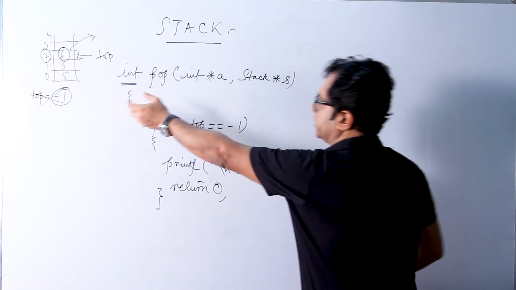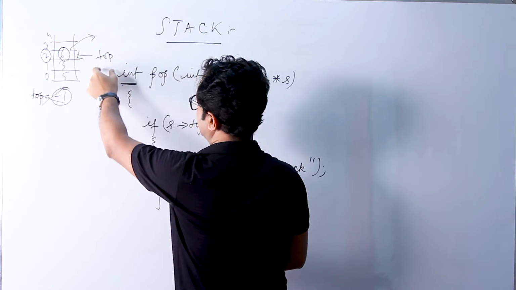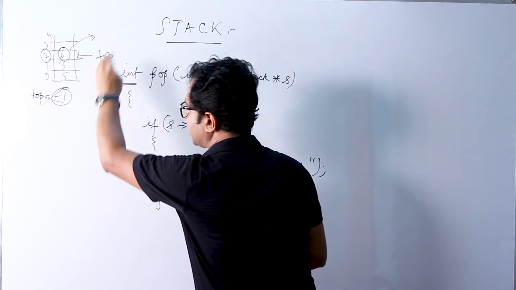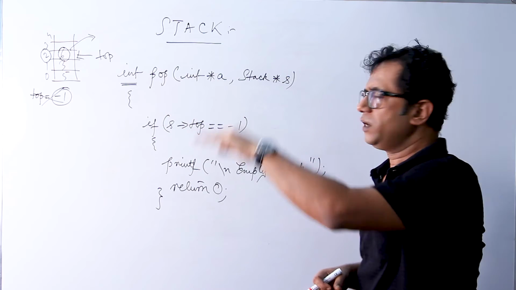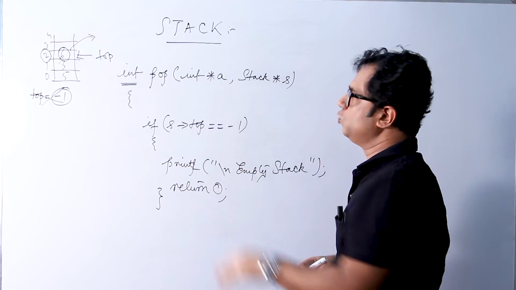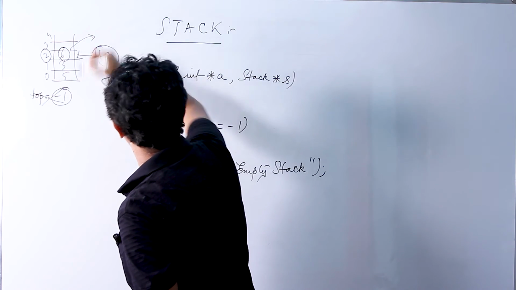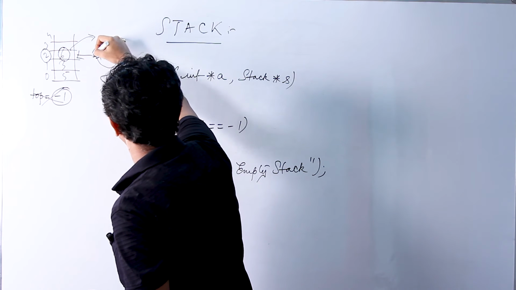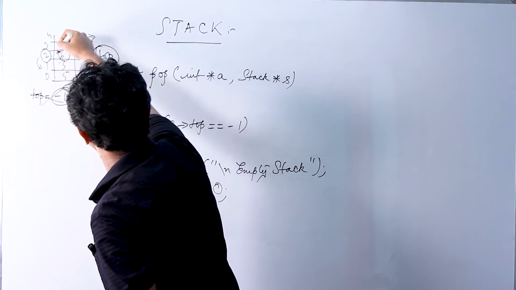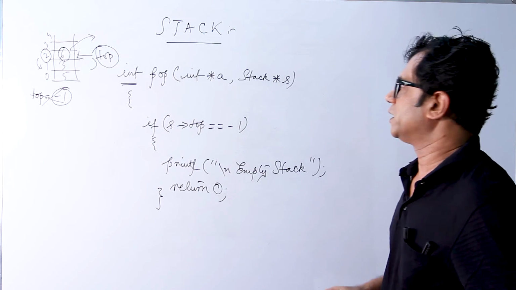We will take out the popped element, that is 6, and store it in star a, an integer pointer, and after that we will decrement the top value by unity. That is, top will just come down by 1 position. Top will now be 1 after the pop operation has been done successfully.